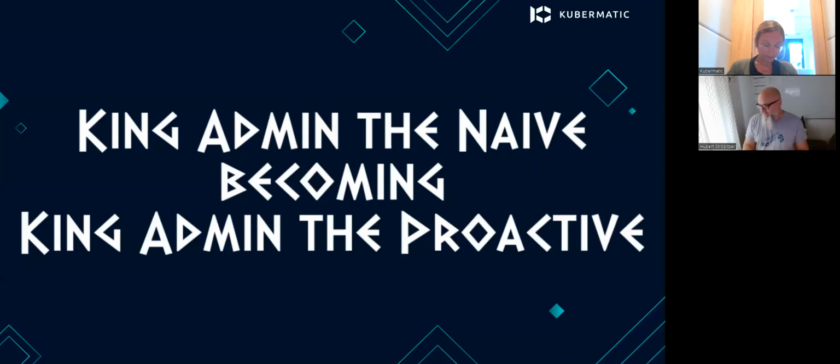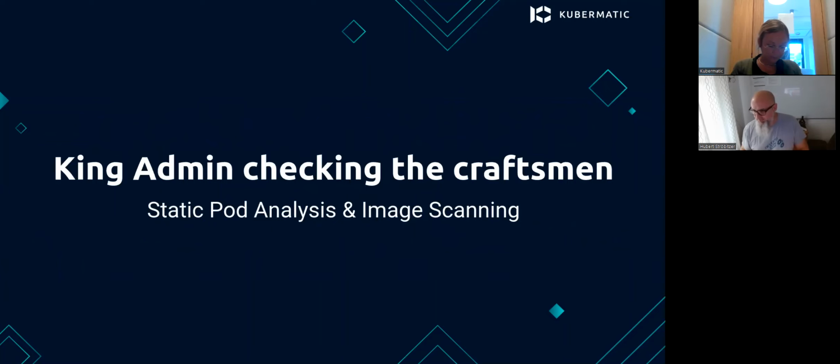But now, King Admin, after being attacked multiple times, starts to become proactive. And he wants to actively prevent strange things happening in his cluster. And the first thing he's doing is checking the craftsman. So he is basically doing static pod analysis and image scanning.